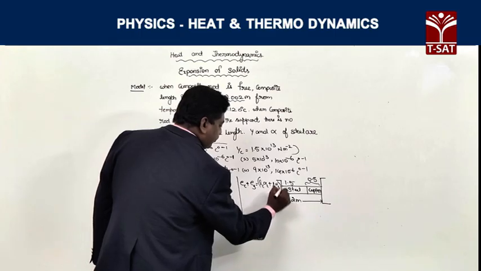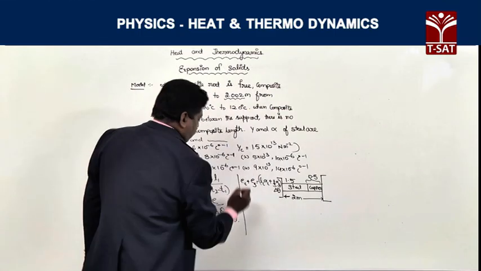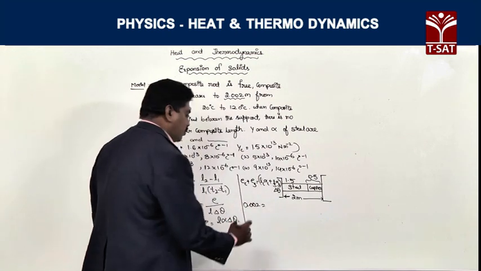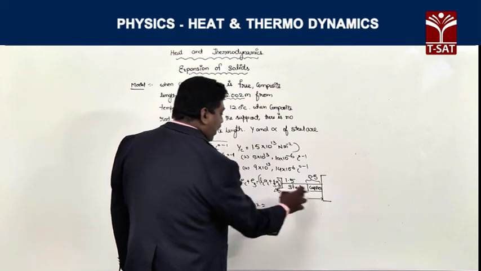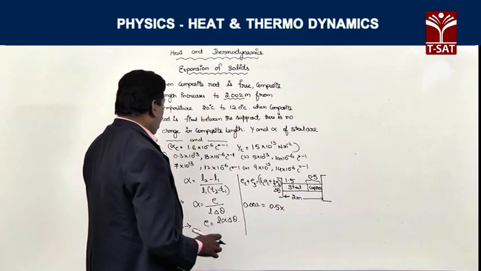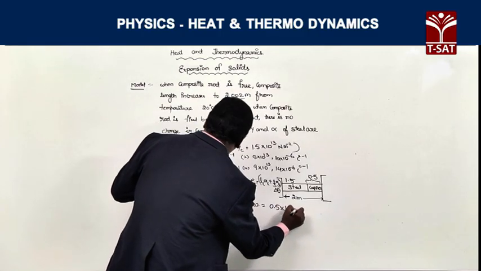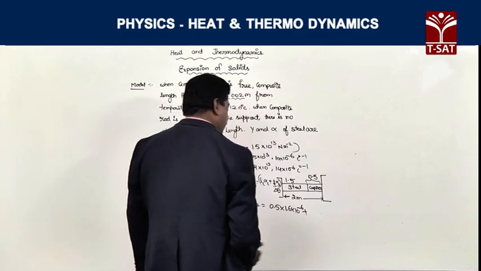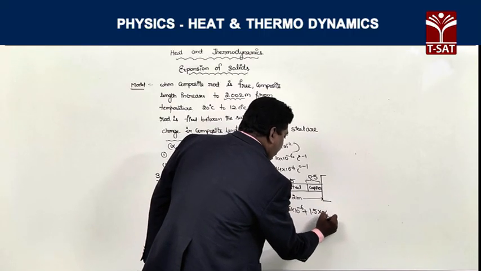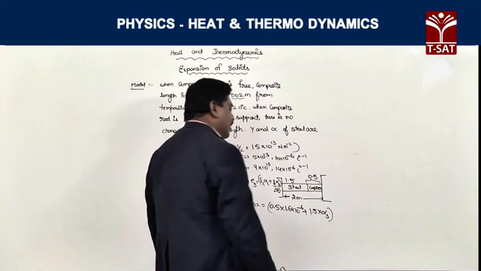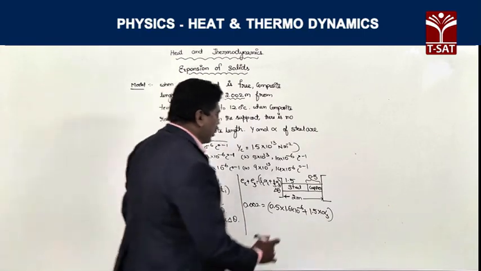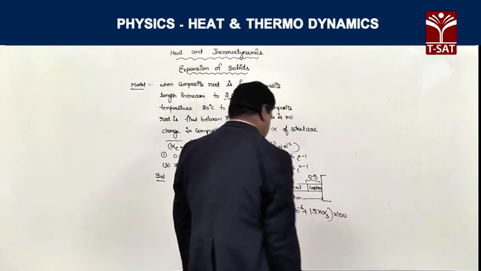into delta theta. The total expansion is given as 0.002 meters. It is equal to, here we have length of copper 0.5 into alpha of copper, given as 1.6 into 10 to the power of minus 6, plus length of steel 1.5 into alpha of steel, which is not given to us, but the increase in temperature delta theta is given as 120 minus 20, which is 100 degrees Celsius.